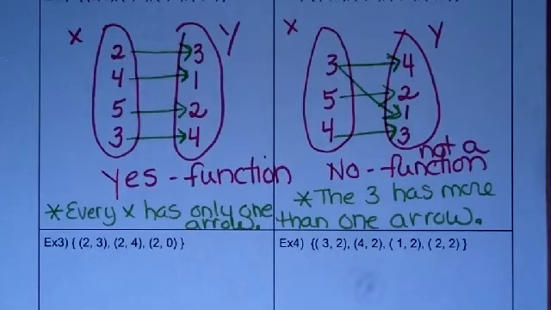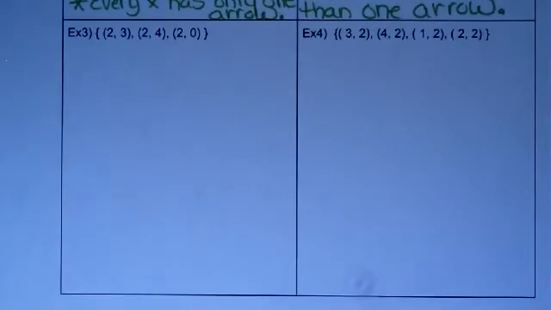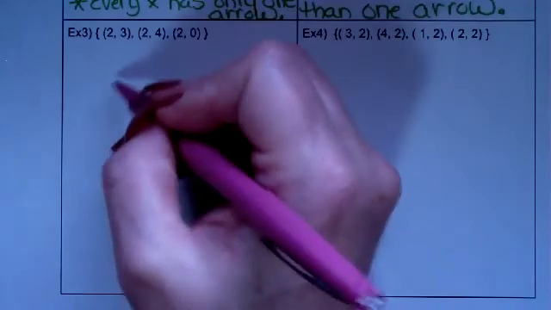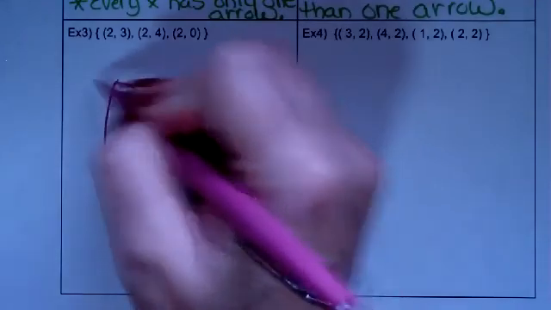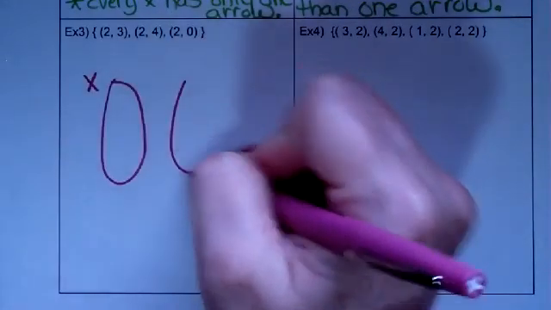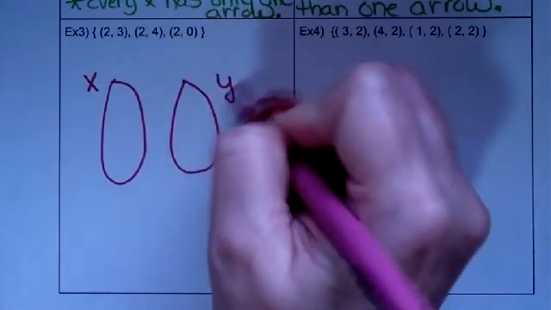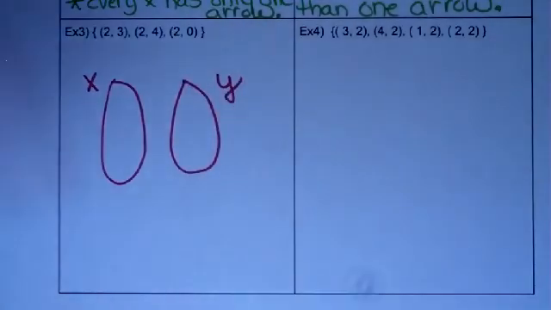Example 3 and 4 are alike but yet very different, and they are the ones sometimes people will get confused on, a little mixed up with. So if you look, I have 3 ordered pairs. I'm going to go ahead and make my bubble. 1 for X, 1 for Y. Now, in my X bubble, I'm going to write all my different X values.